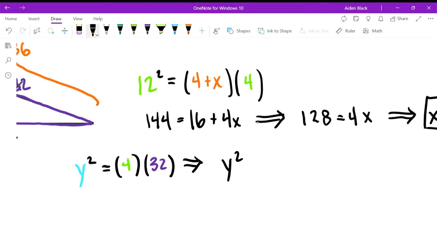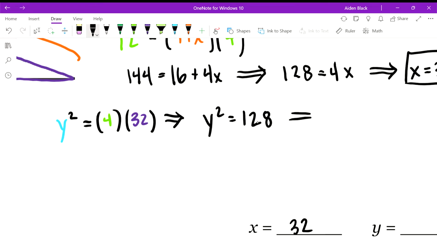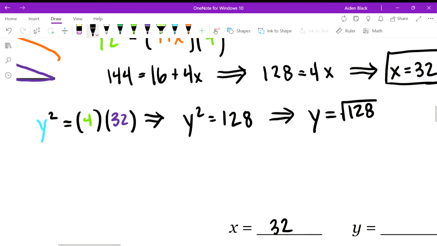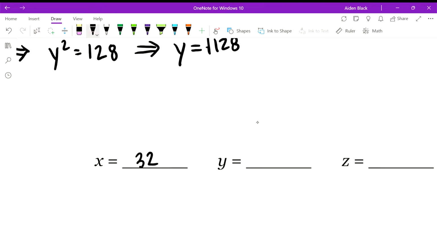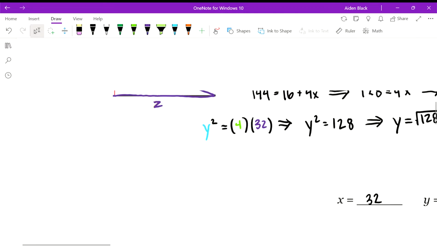Here we get y squared is equal to 4 times 32, it's 120 plus 8, 128. And so y is equal to the square root of 128. And this can be reduced, but again, I want you guys just to get here for all of your variables. You can reduce them later.